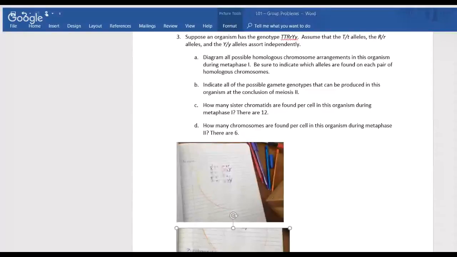So that indicates the gametes of the organism at the conclusion of meiosis 2. Number C: how many sister chromatids are found per cell in the organism during metaphase 1? There are 12.